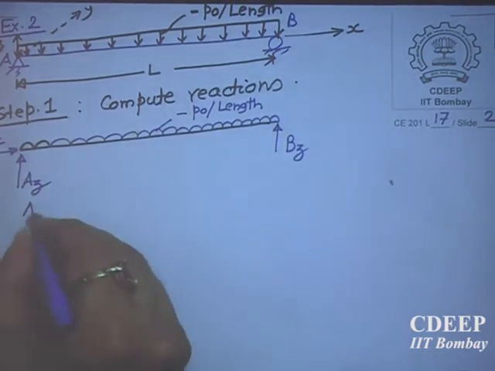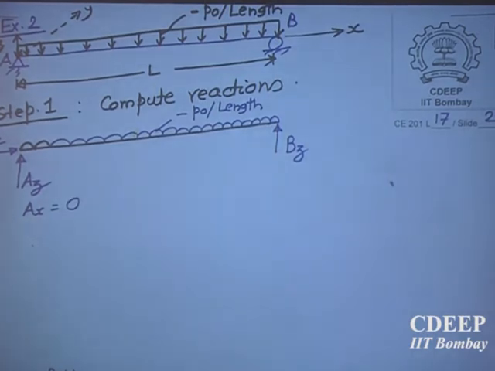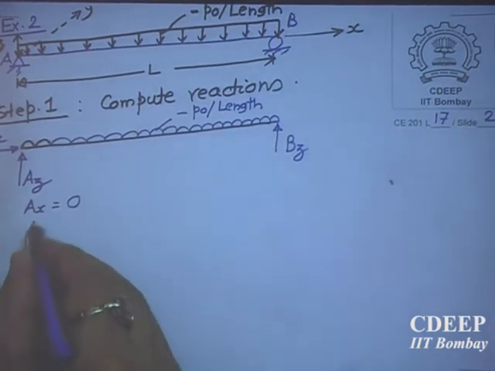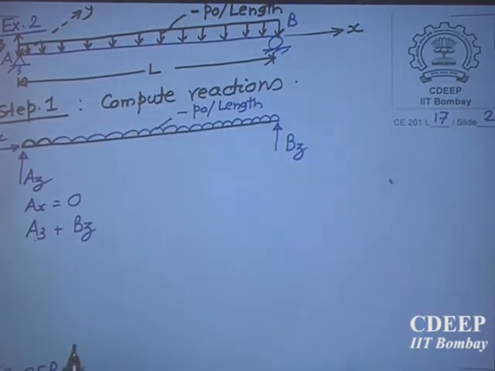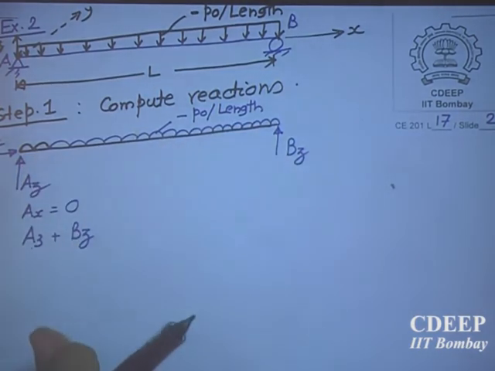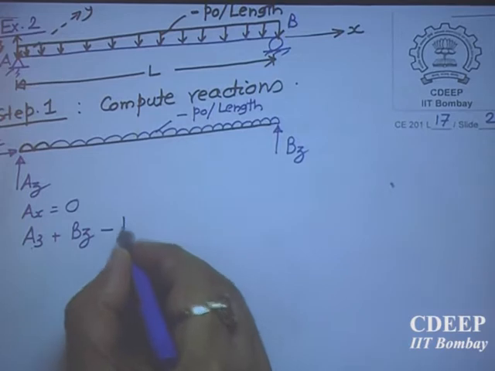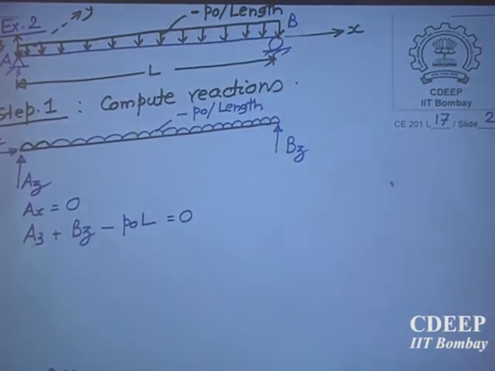Equilibrium says that Ax equals 0. Then Az plus Bz minus P naught L equals 0.